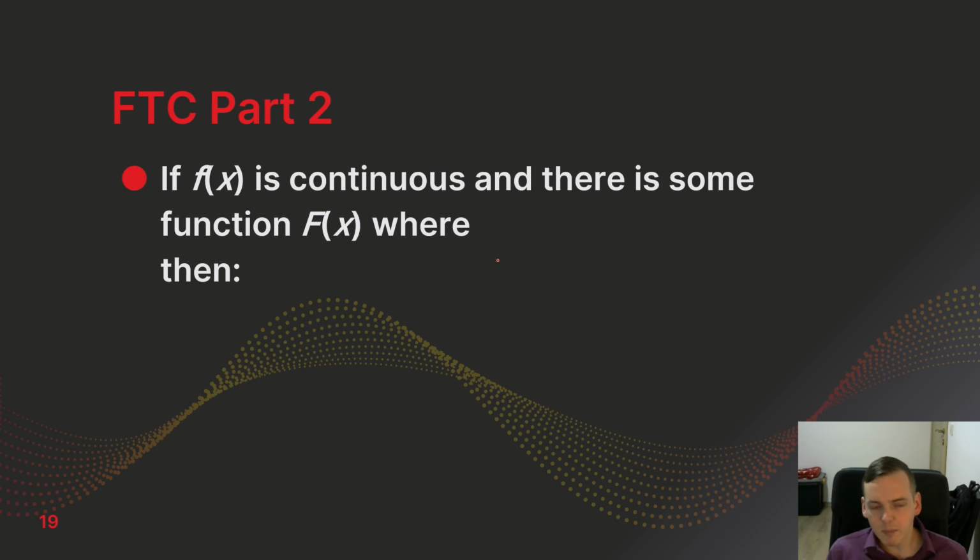So, same setup. If little f of x is a continuous function, and there's some big F of x where it is the integral of the little function from a to x, then we know that the integral from a to b of little f of t dt is equal to, sorry, it can be x.